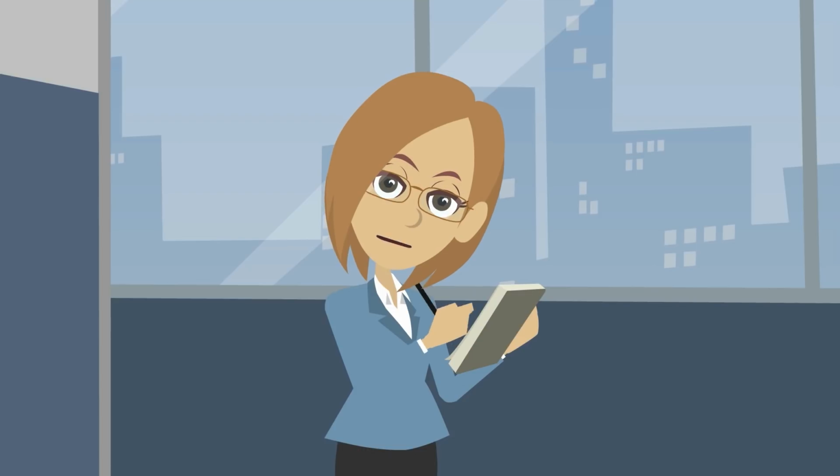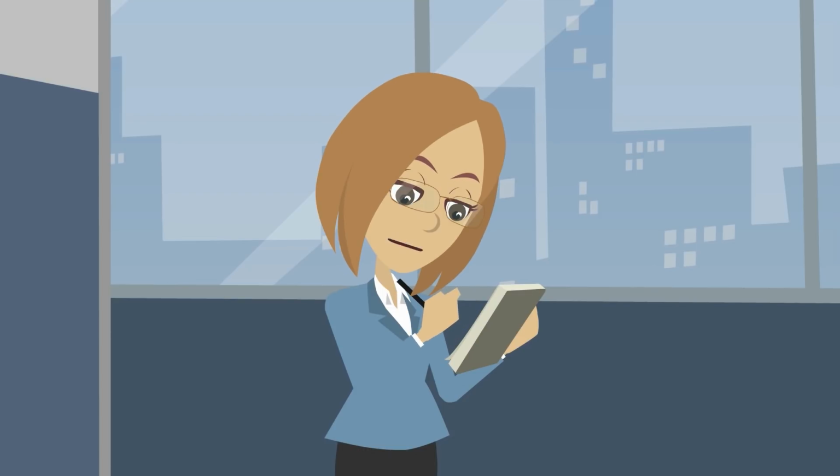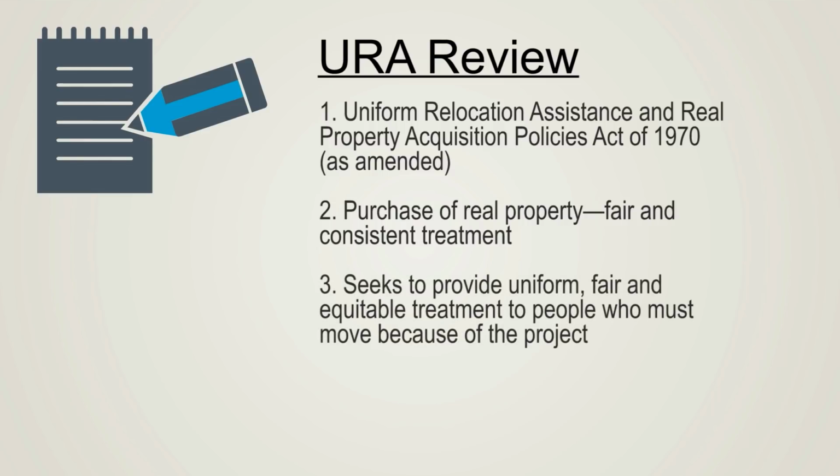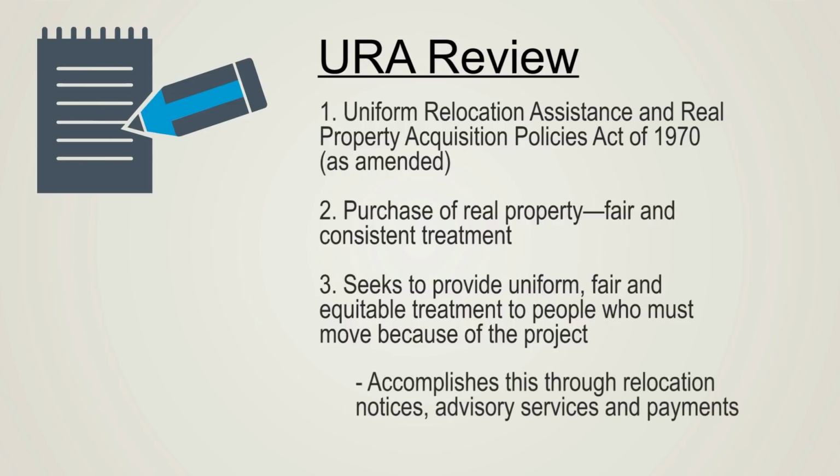I think you mentioned fairness and consistency as being important. And lastly, the URA seeks to provide uniform, fair, and equitable treatment, as well as avoid disproportionate impacts to people who must be moved because of the project. It accomplishes this through written notices, advisory services, and payments.